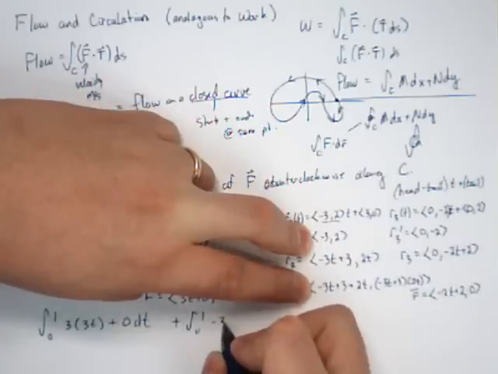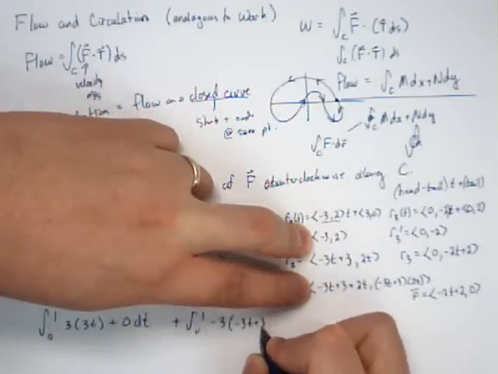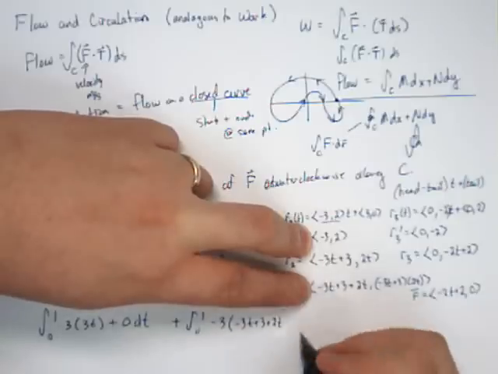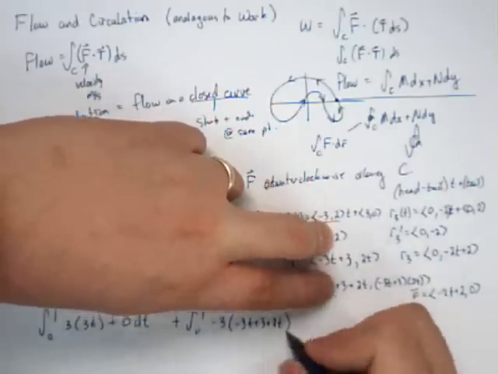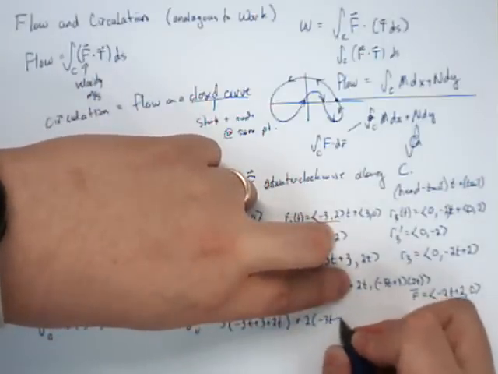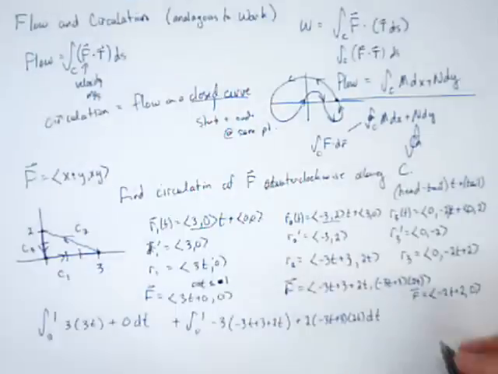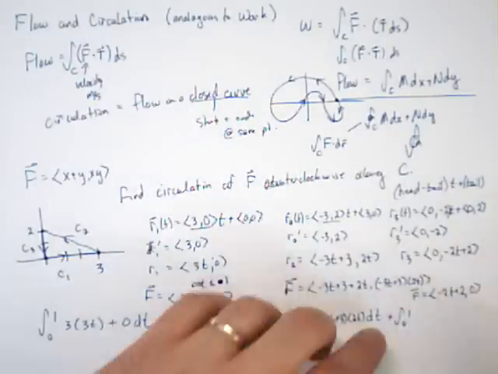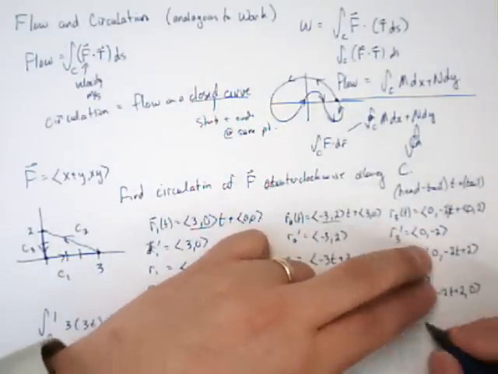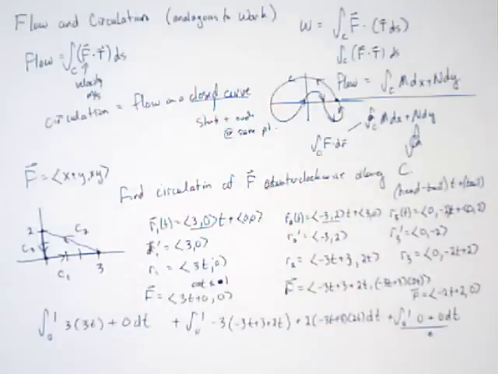So here I get a -3 times (-3t + 3 + 2t), and then plus 2 times (-3t + 3) times 2t, dt. And then the last integral, I'm going to go from 0 to 1, and I dot them. Notice that's 0 plus 0. So that integral is 0.